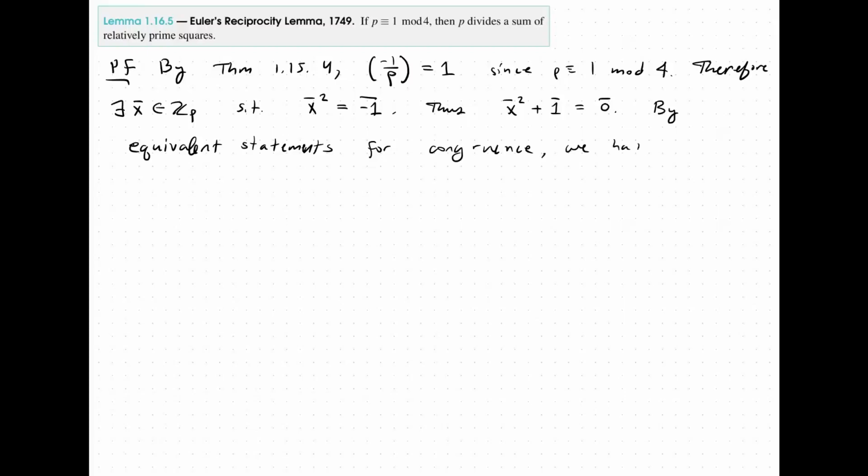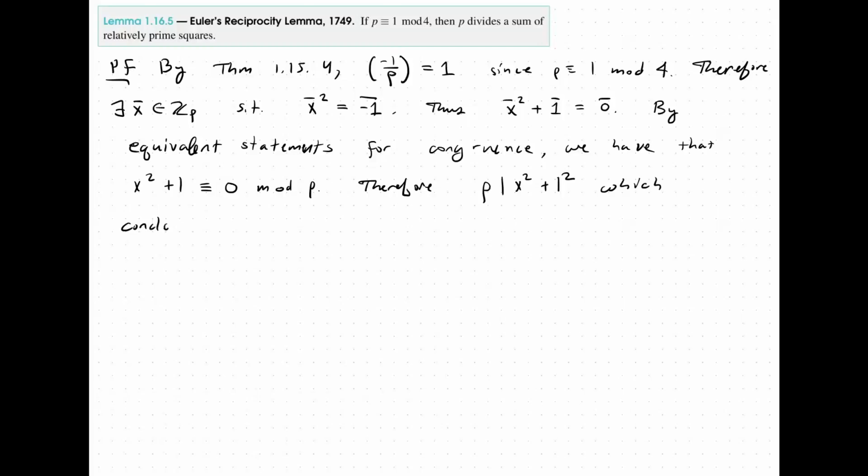We have that P divides x squared plus 1, and so now we're dropping the bar, so we're going back to whatever x squared is. X squared plus 1 is going to be congruent to 0 mod P. So therefore, P divides x squared plus 1 squared, which is a sum of relatively prime squares. And so we got the proof. And so we got Euler's reciprocity lemma.